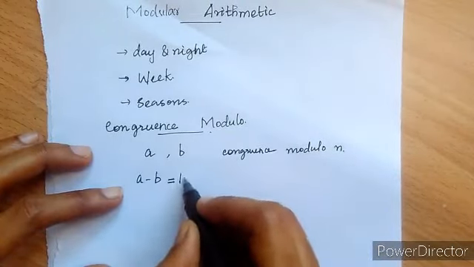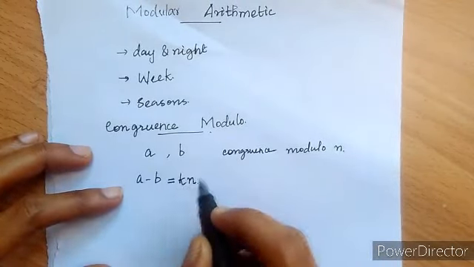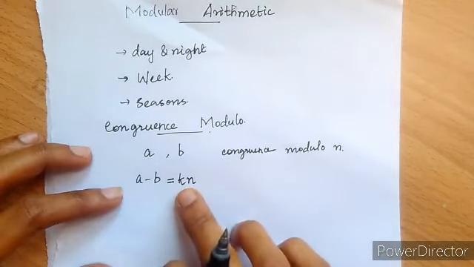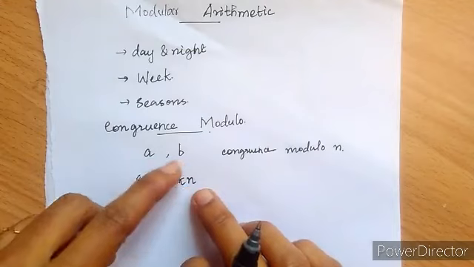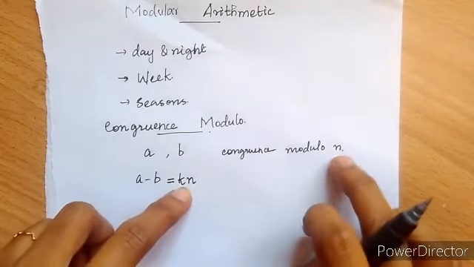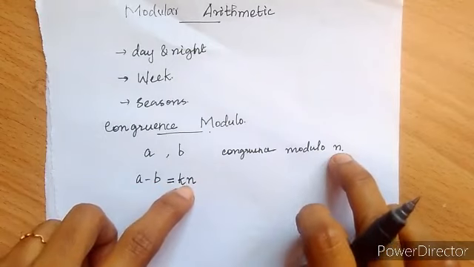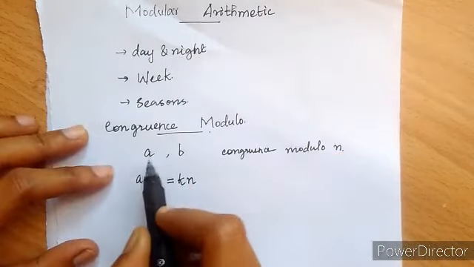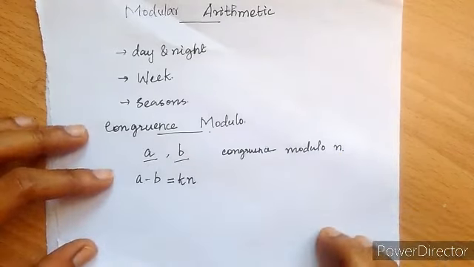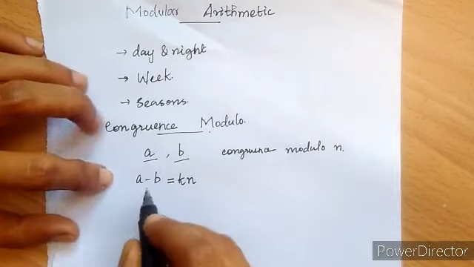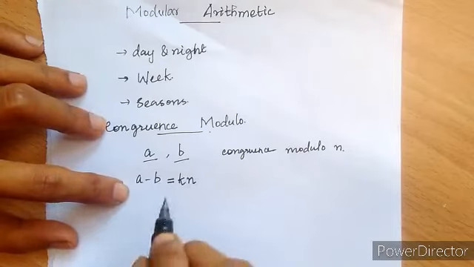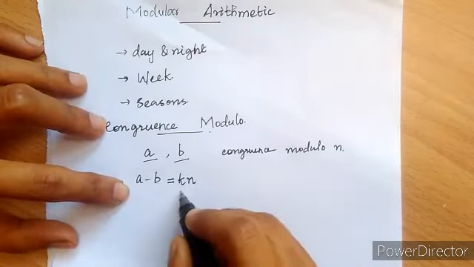That means some number times n, that means kn, for some integer k. So if the difference between the two integers is equal to a multiple of n, then we can say the two integers a and b are congruent modulo n. We can write this as a minus b equal to k into n for some integer k.